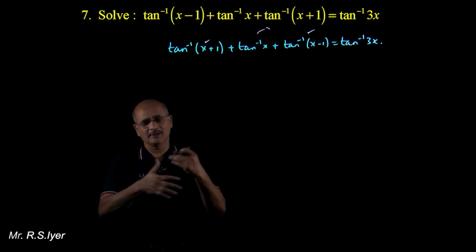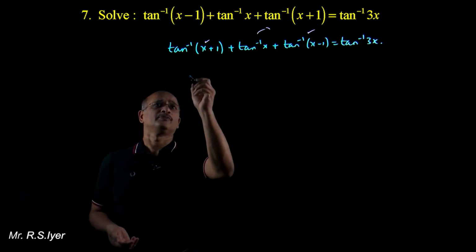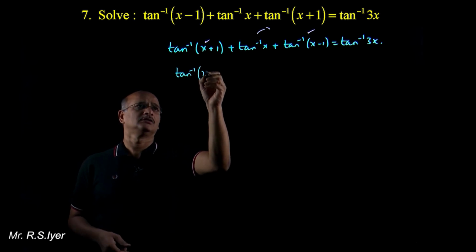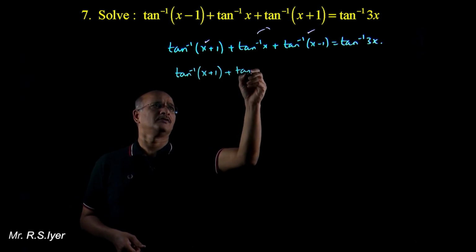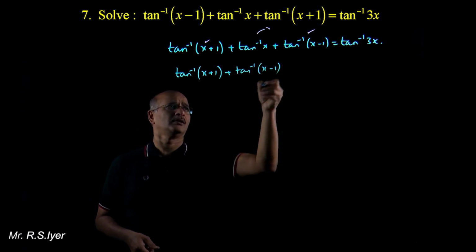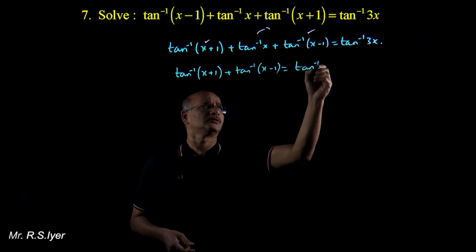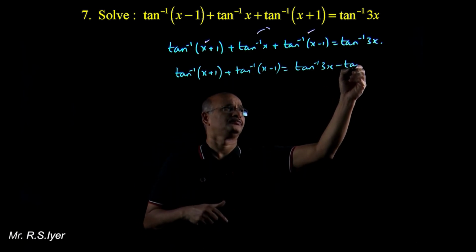Not necessary, but it becomes a little bit easier for us to do it. So let us see this part now. I am just merging it out. So this will become tan inverse x plus 1 plus tan inverse x minus 1 is equal to tan inverse 3x minus tan inverse x.